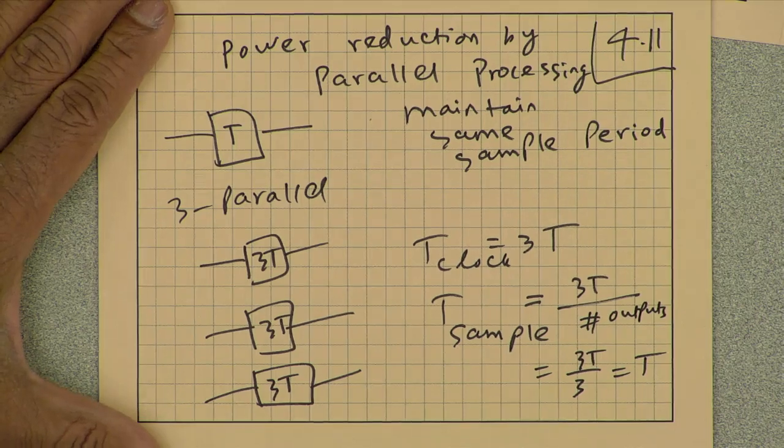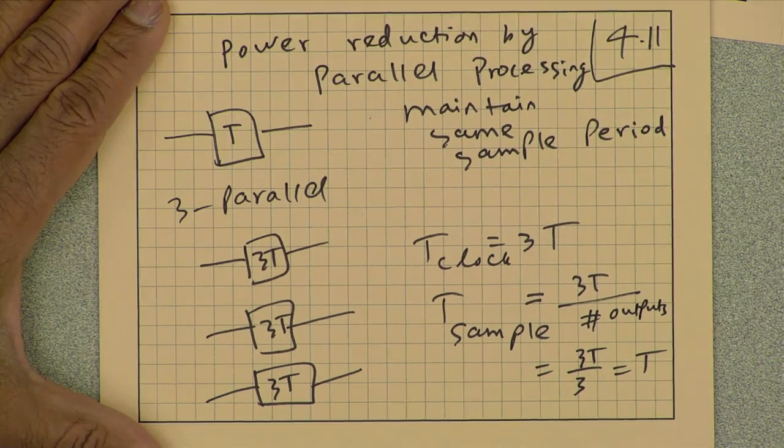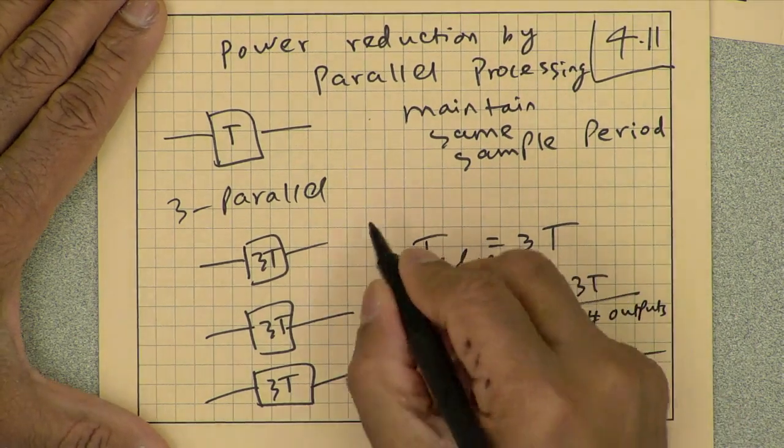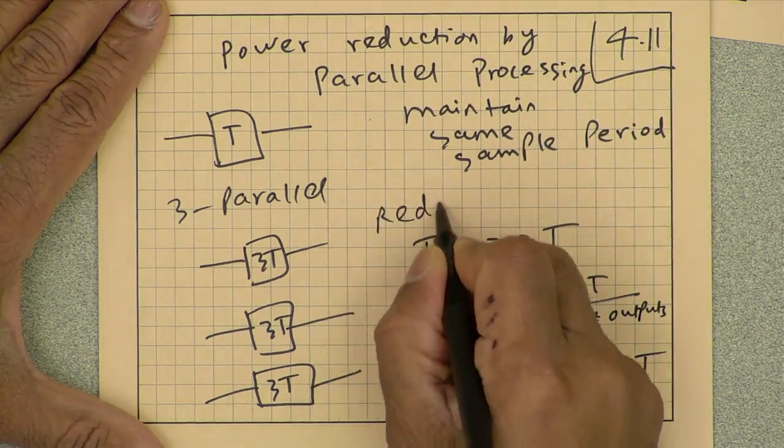I can increase the clock period to 10 times T, or reduce the clock speed by a factor of 10. So the goal here is to reduce the clock speed.